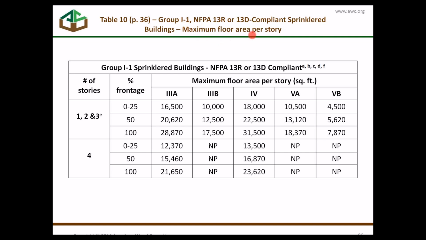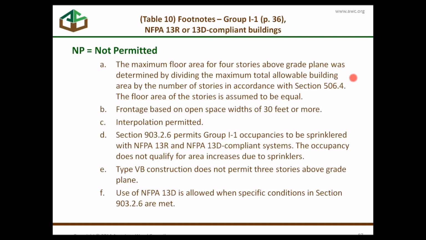The code does permit certain circumstances for a nursing home, or Group I1, to use a 13R or even a 13D system. At the bottom of the table, we've got the footnotes helping us with the proper use of the table, showing us some of the assumptions, and also some of the code restraints regarding sprinklers in this case.